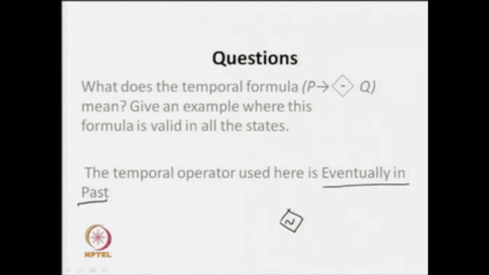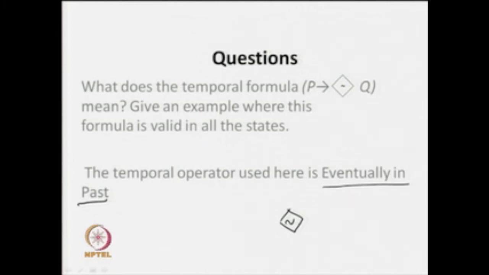Okay. So, diamond is future. If I write tilde inside diamond, then we say that this is eventually in past. So, we are going to look for whether eventually in past q holds or not. If p implies eventually in past q. So, what does this temporal formula p implies eventually in past q mean? That means if p is true, whether q was true eventually in the past or not.